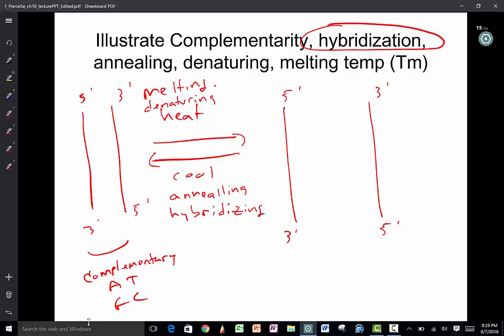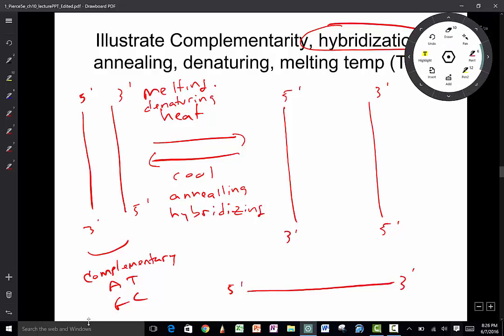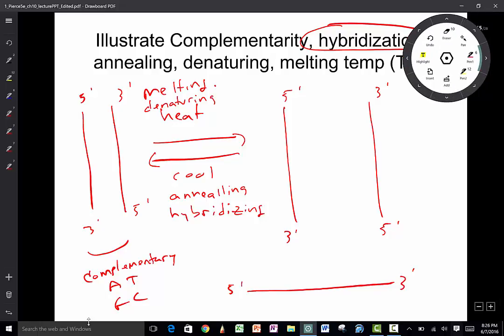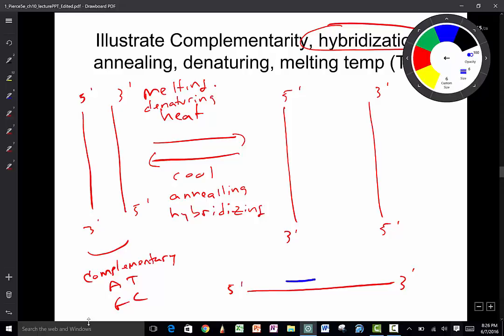So a lot of times we'll see in various technical applications, like if we're doing an experiment and trying to work with DNA, you could take a little piece of DNA and it will stick to a target. So this could be a target, and we would call this a probe.